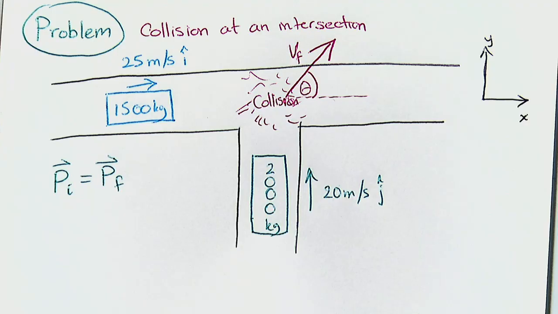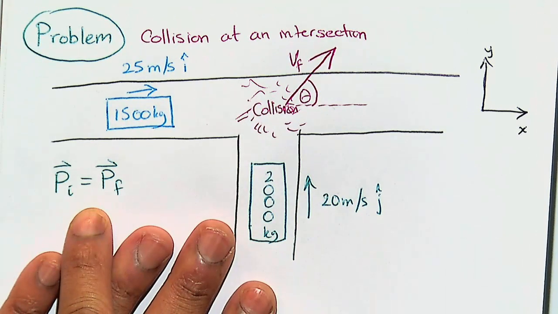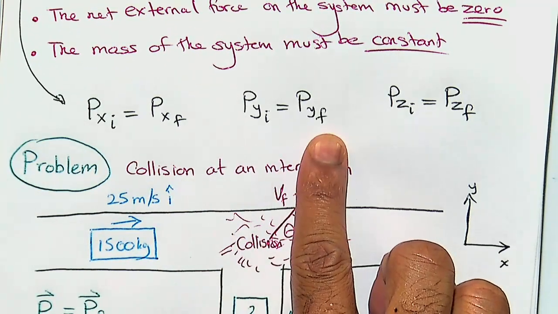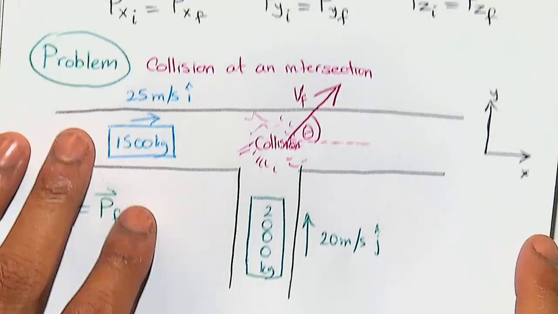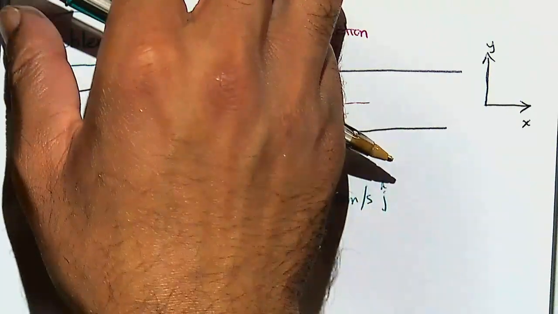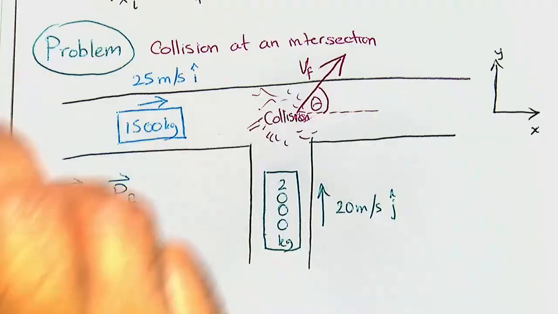Again, like I said, in practice what you're doing is this. You can say this all day long, but really what you need to be doing is setting the momentum in the x direction, initial and final, equal to each other. Same thing for the y. So let's go ahead and do that.